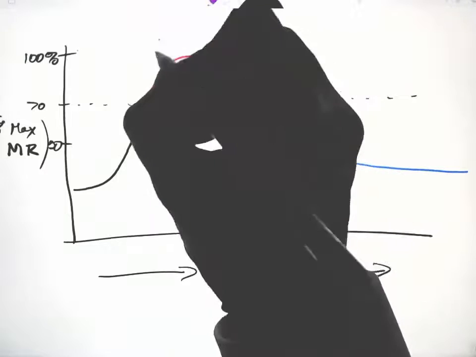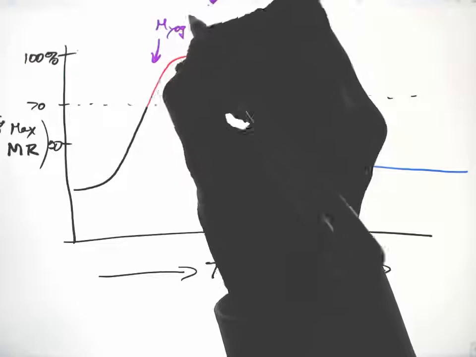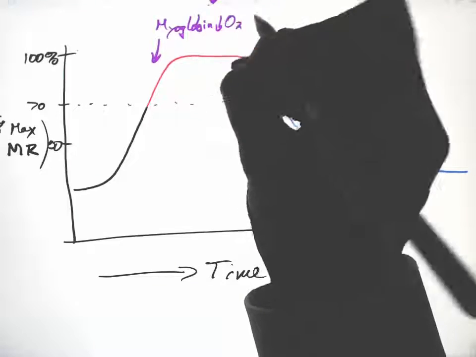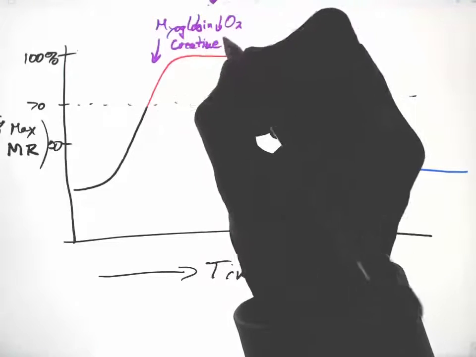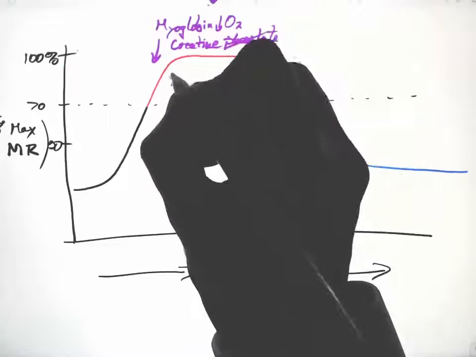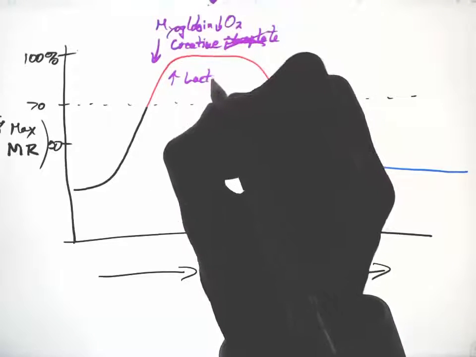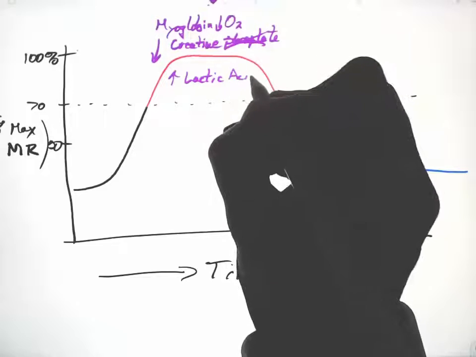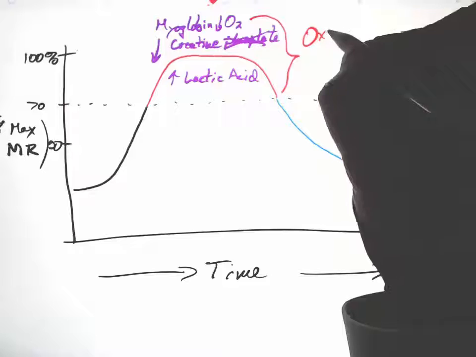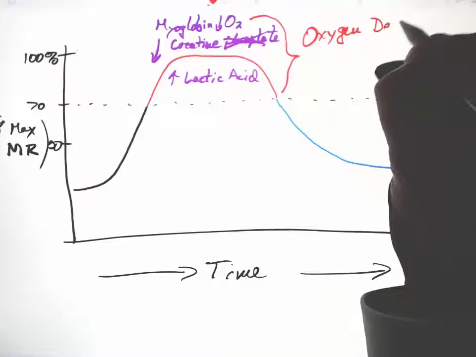During this period, myoglobin released its oxygen stores. Creatine phosphate lost its phosphate, and there's a buildup of lactic acid, making the blood more and more acidic. This is a period in which the animal has gone into oxygen debt.